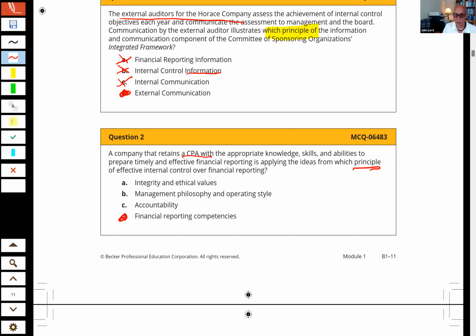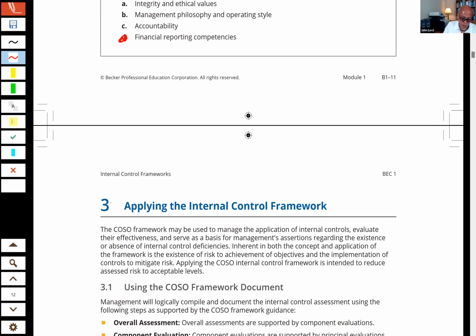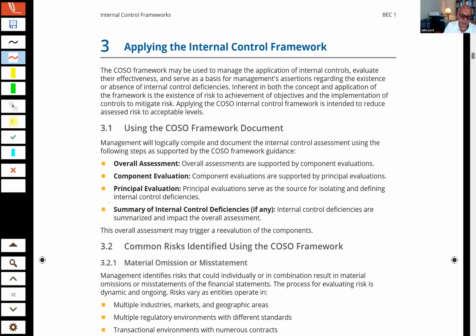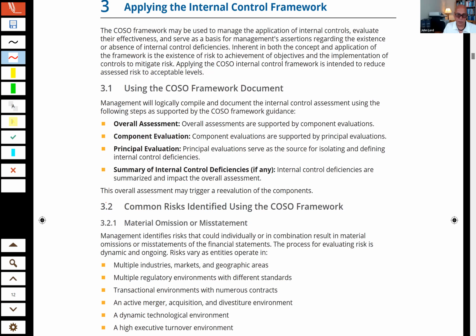But financial reporting competencies is where you look for those that have the knowledge, skills, and abilities, in this case, for financial reporting. And yeah, a CPA should carry those competencies. Okay. All right, good.